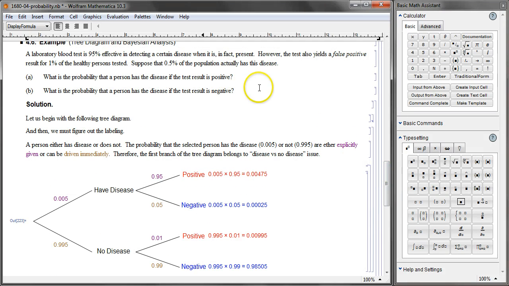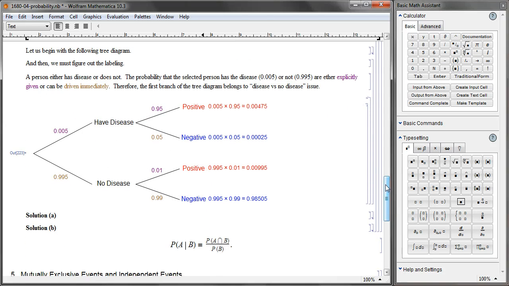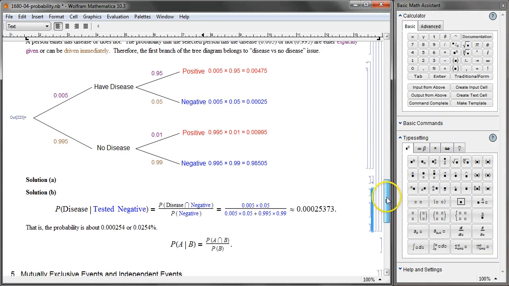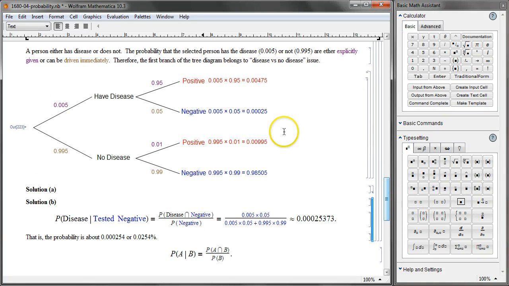Now, what about the other probability? The condition is now negative. If the test result is negative, in that case, the blue, this one and that one, will go to the denominator, and the numerator will be disease and negative, this one. Do the computation, you're going to get a really small figure.